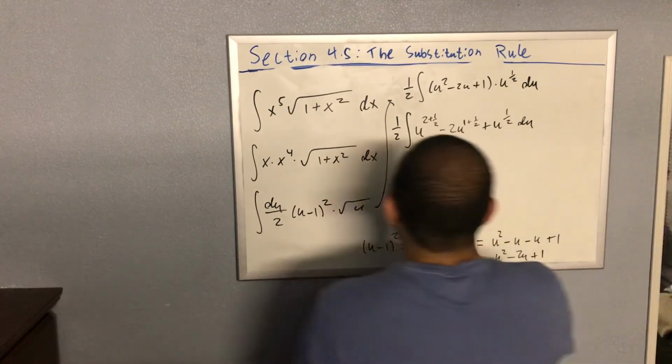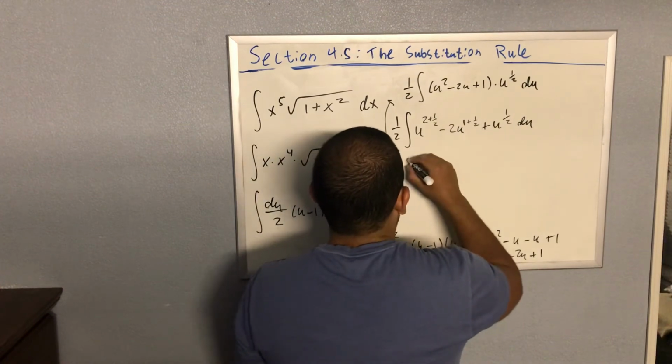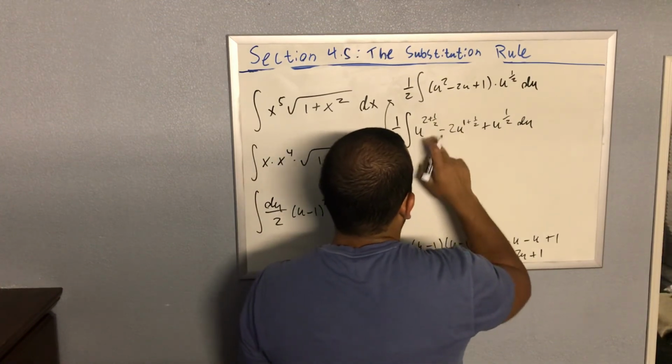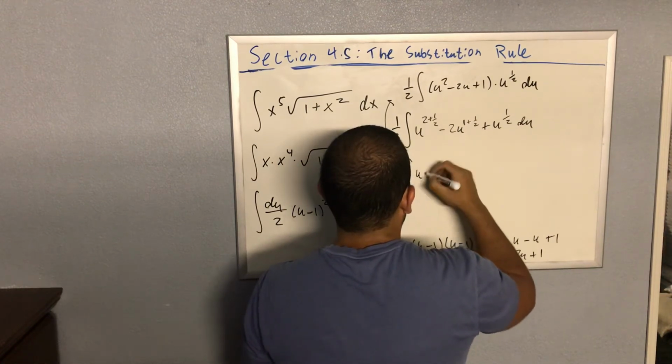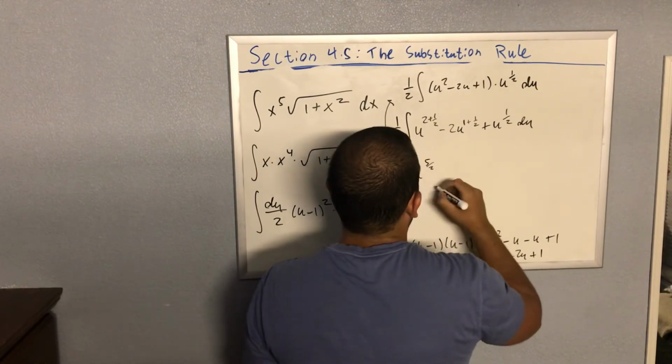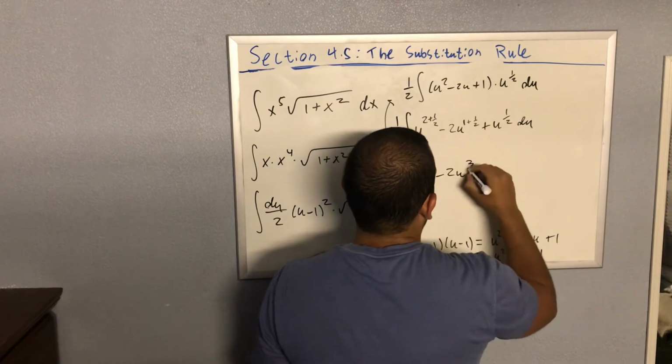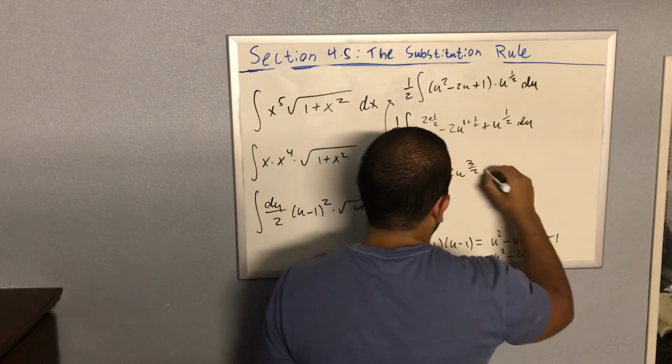Okay, and then now we have 1/2 integral of 2 plus 1/2 is 5/2. Once you get a common denominator, so u to the 5/2 minus 2u to the 3/2 when you add this.